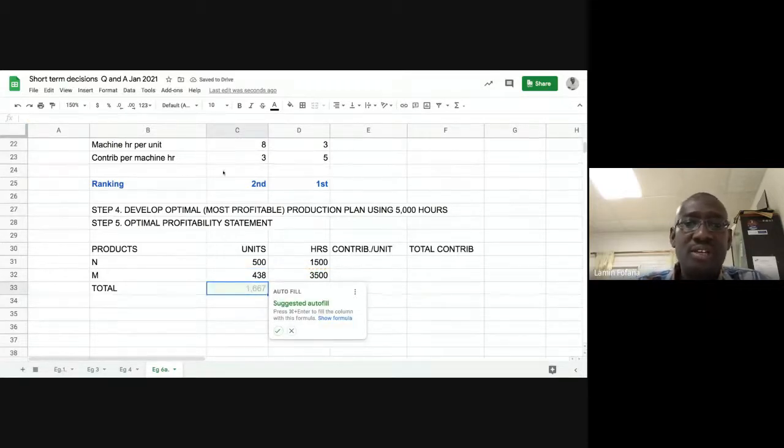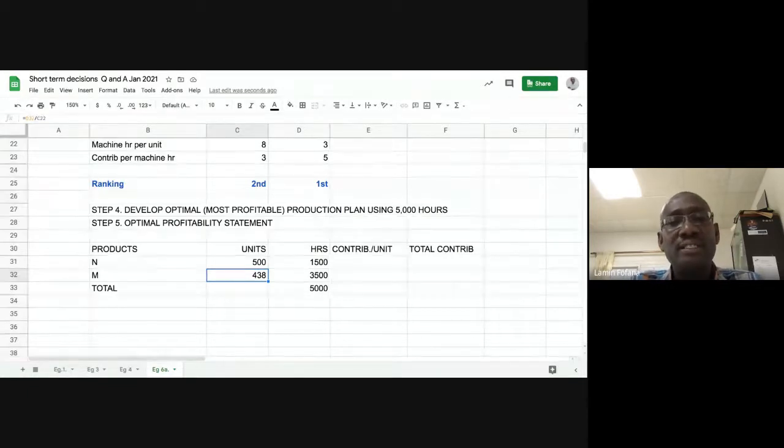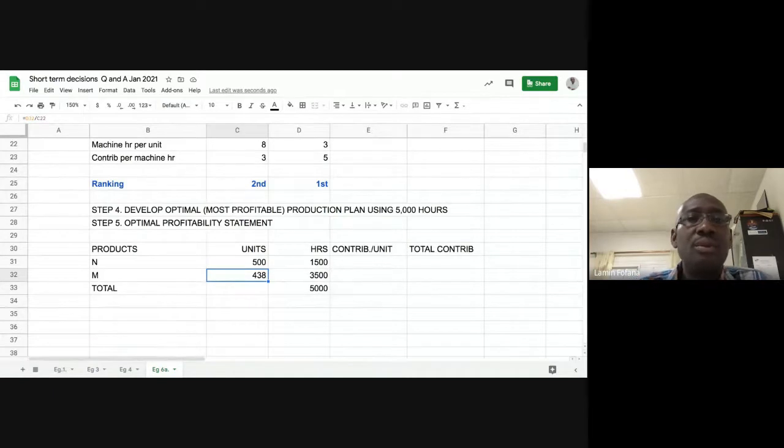So we have 438, but this 438 has been rounded up. We don't want it rounded up because it's a product.